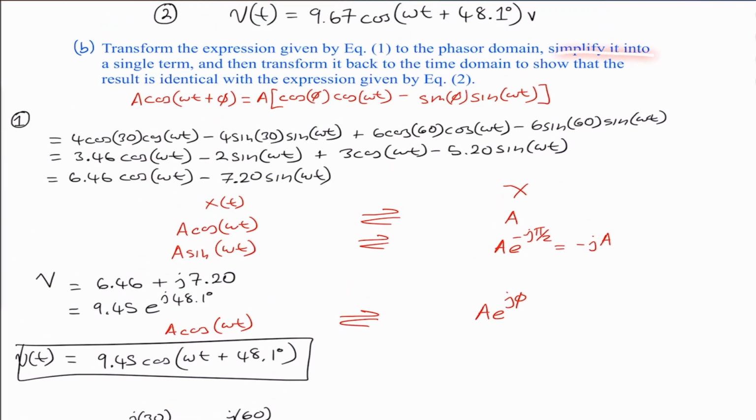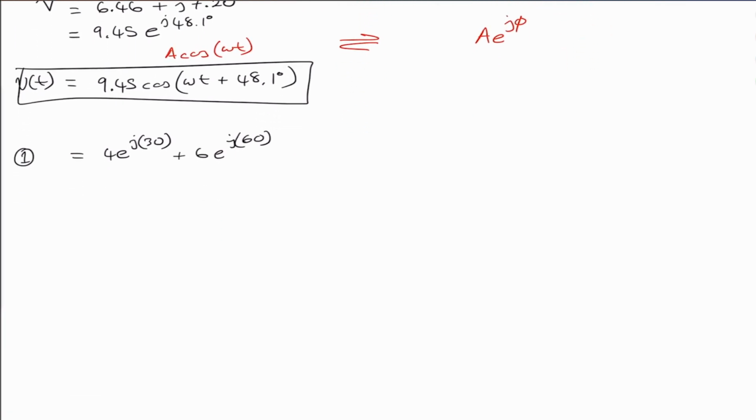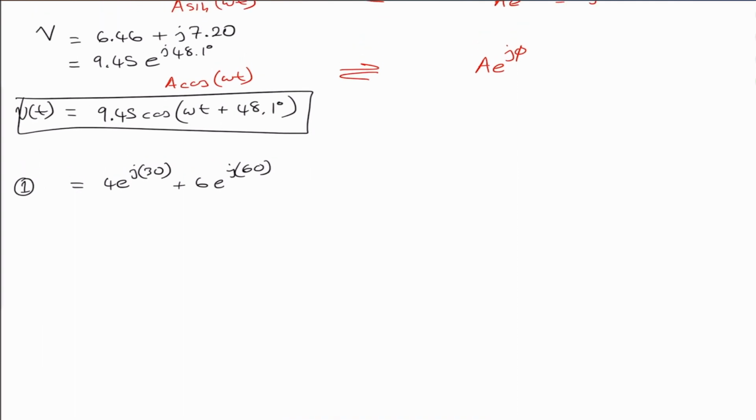Now we need to simplify that into a single term. And as always, addition is easiest in rectangular form. So we can convert to rectangular form by using Euler's identity. Euler's identity is e to the j phi is equal to cosine phi, could be theta as well, plus j sine phi.